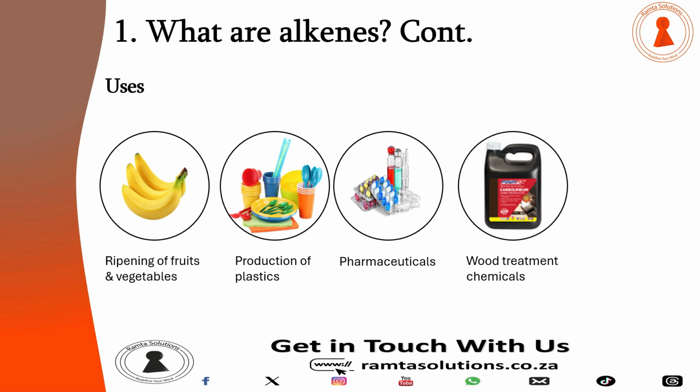When it comes to wood treatment chemicals, there is application of alkenes. If you don't treat your wood, it is susceptible to insect infestation. There is an insect that likes feeding on wood. If you want to avoid that insect feeding on your timber, try to treat your wood with this chemical.